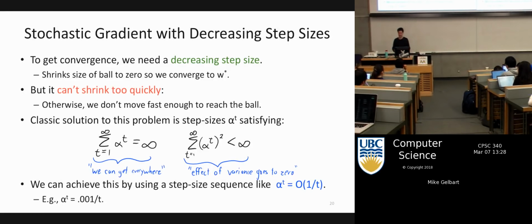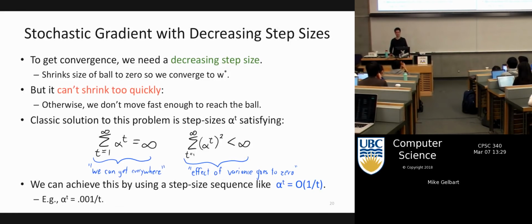For example, if you let alpha go down as 1 over t, it's easier for me to think in terms of integrals. The integral of 1 over t is going to go to infinity. And the integral of 1 over t squared is finite, so this is all okay if I let alpha go down as 1 over t.